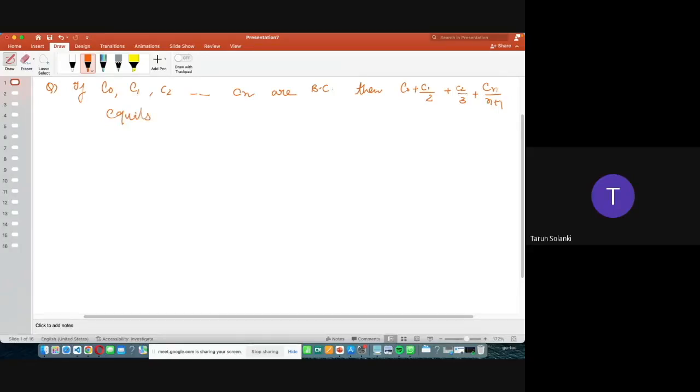Here, first write the expanded formula for 1 plus x to the power n: C naught plus C1 x plus C2 x square and so on up to Cn x to the power n. Now integrate with respect to x.